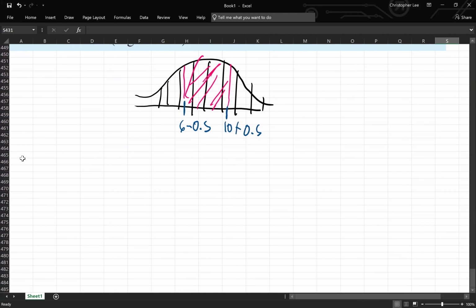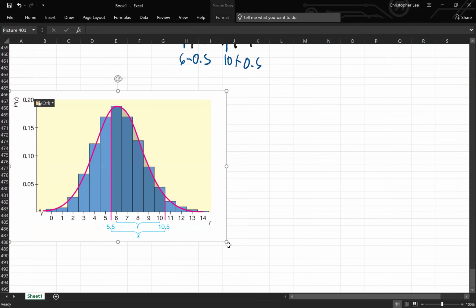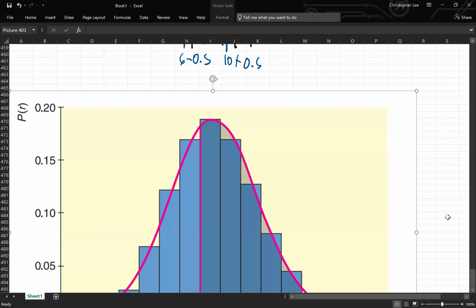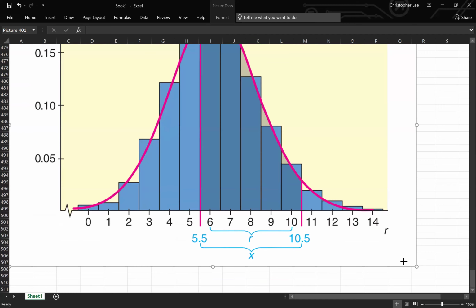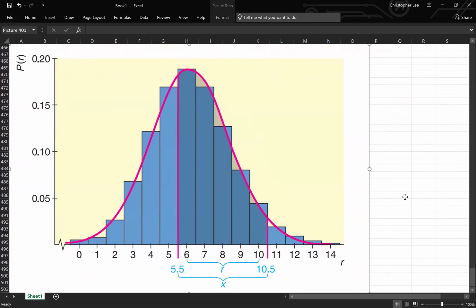I know that my drawing is not very nice. Let me give you a better drawing. This is what I'm trying to say. This is the binomial distribution approximated to normal, and you see the 6 and the 10 is right here.